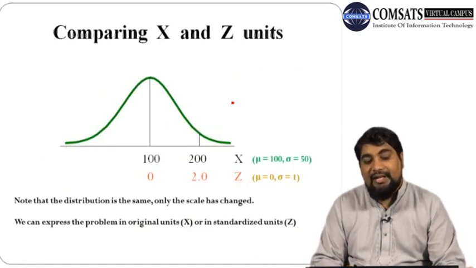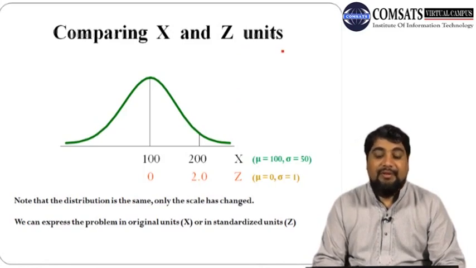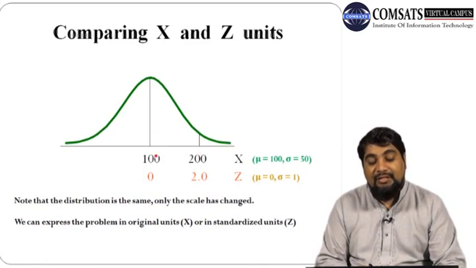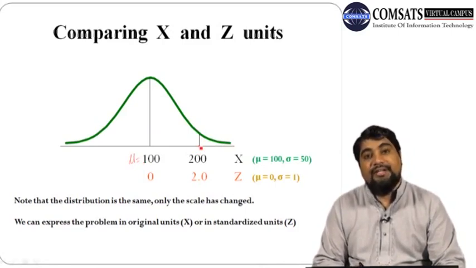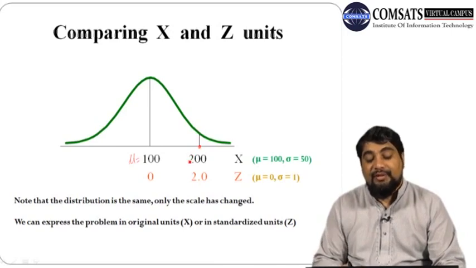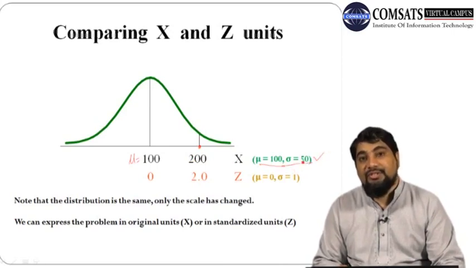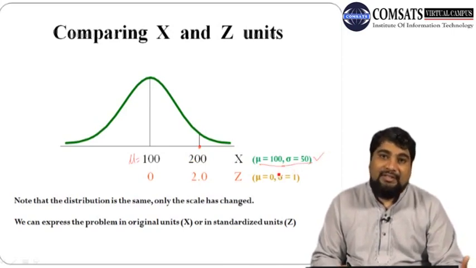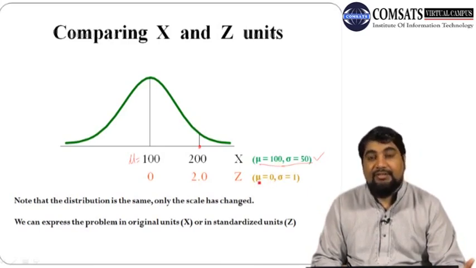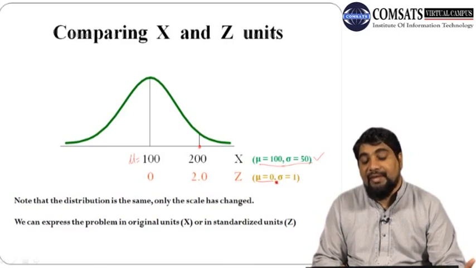Now let us compare x with z units. Here we have the same bell-shaped curve. The mean is 100, and here is the point x, which is 200, and sigma is 50. This is the usual normal distribution. After conversion, the mean of this distribution becomes 0, and the standard deviation becomes 1.